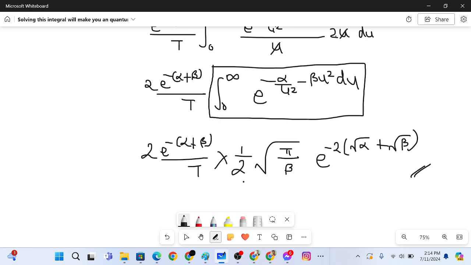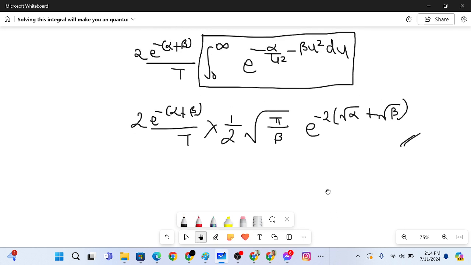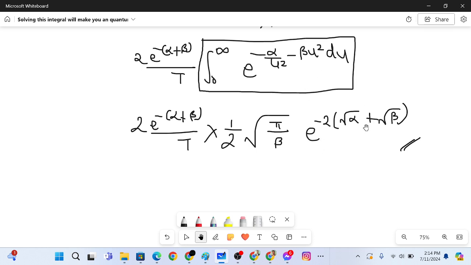So this is the answer. For now just know that over here these two coefficients will be there, and in the denominator the coefficient of u square will be here, and 1 by 2 as it is, root pi by this coefficient, and e to the power minus 2 times root alpha root beta.